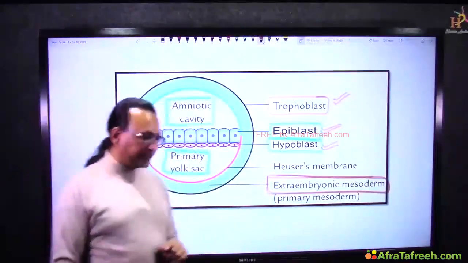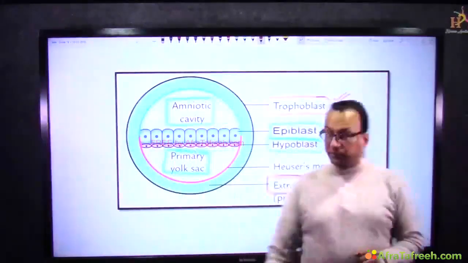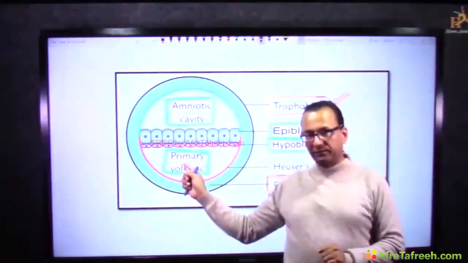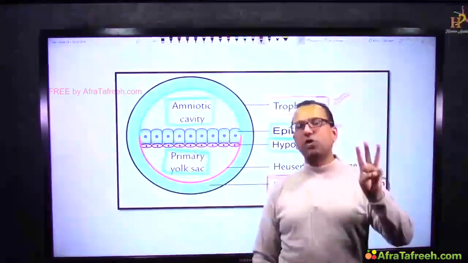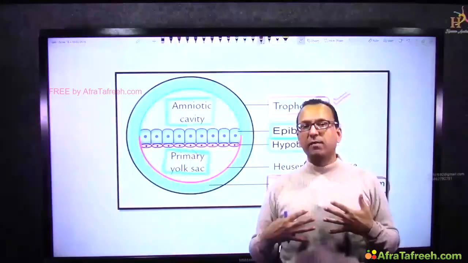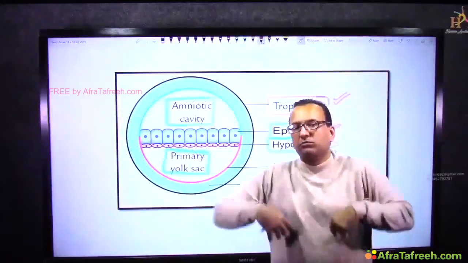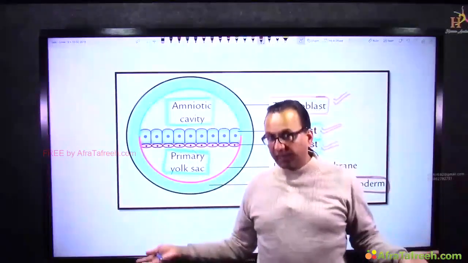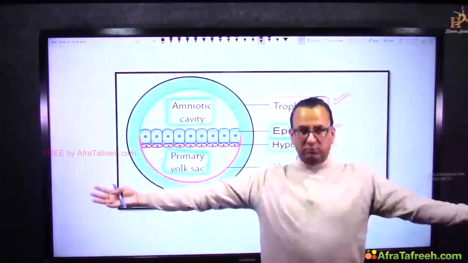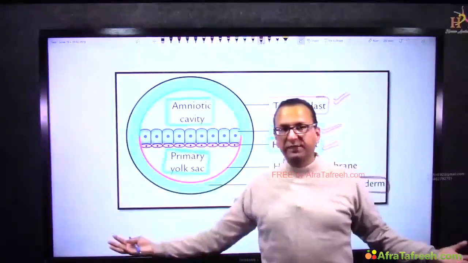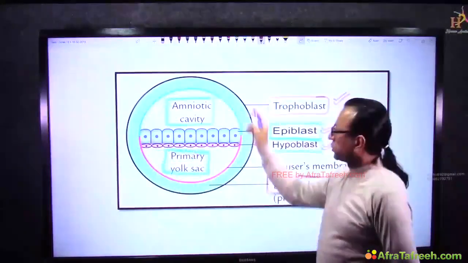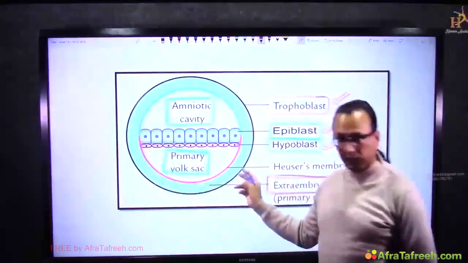Now, what happens is, there is an amniotic cavity, the yolk sac cavity, and there is a third cavity which is called the coelomic cavity, developing inside the embryo. But there is one extraembryonic coelomic cavity also. Where is that developing? That develops within the extraembryonic mesoderm.